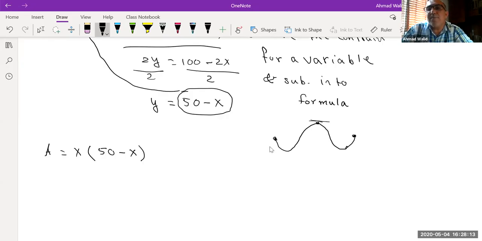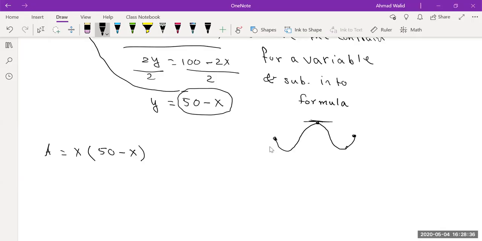This is your maximum point. What was the process to find the max or min in 4.3? What should you do with your function to find the maximum or minimum point? Who can answer? Any idea? Find the first derivative first.